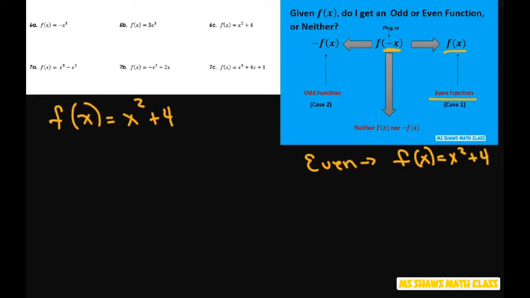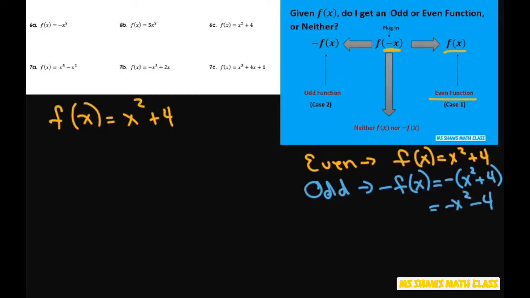If it's odd, that means I'm going to negate my whole function. So that would be negative x squared plus 4, which equals negative x squared minus 4. So if we get that back, it's going to be odd.